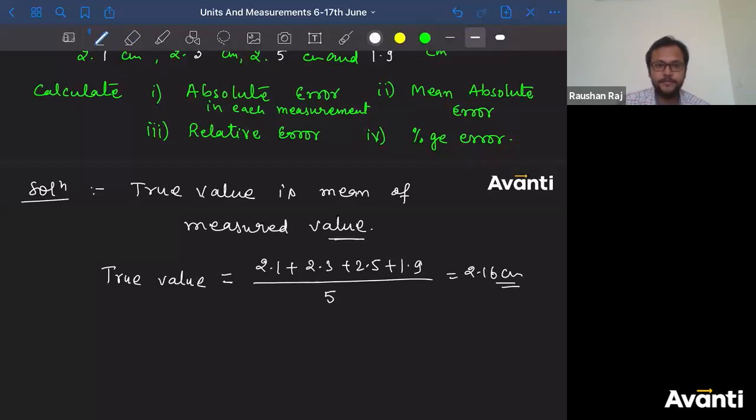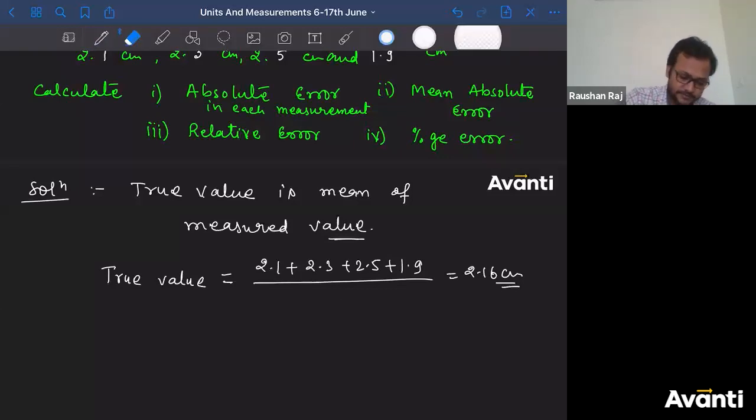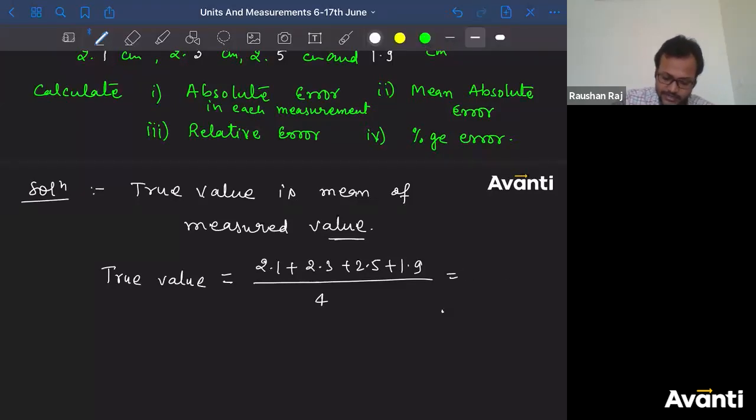Tell me, guys. Sorry, my bad, this is 4. So it will not be 2.16. It will be 0.8 by 4, that means 0.2. So the answer will be 2.2 centimeter. So the true value is 2.2 centimeter.